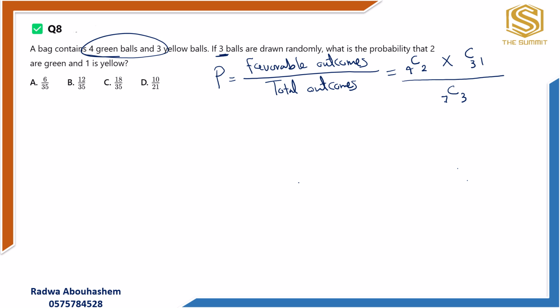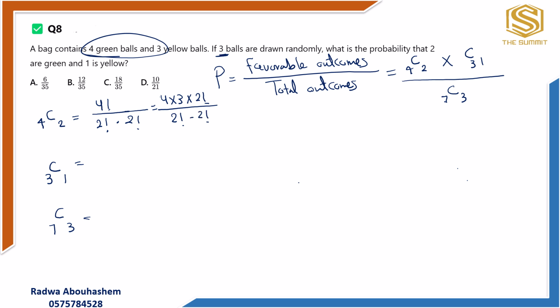So let's do it. The rule of combination says n factorial over r factorial times n minus r factorial. So 4 factorial over 2 factorial times 4 minus 2, which gives 2 factorial again. 4 factorial is 4 times 3 times 2 factorial over 2 factorial times 2 factorial. Here, 2 factorial cancels with 2 factorial, and it's 4 times 3 over 2 times 1.